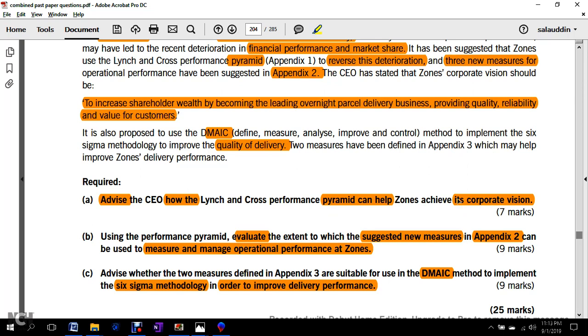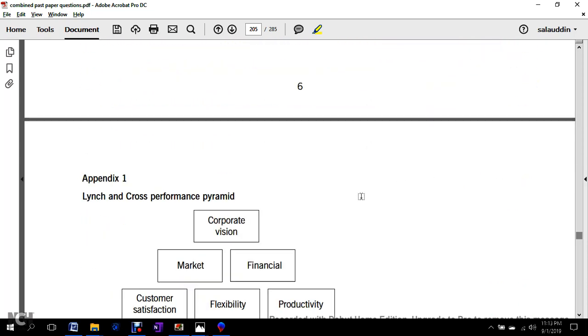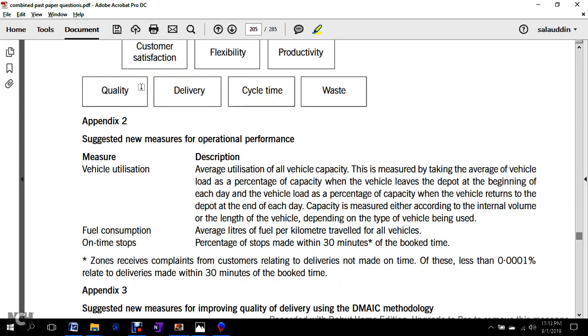How? While discussing the performance pyramid, we need to mention that achievement of level 4 will achieve level 3, and achievement of level 3 will achieve level 2, hence level 1. So let's see Appendix 1. If we can improve the quality and the delivery, then our customers will be satisfied.